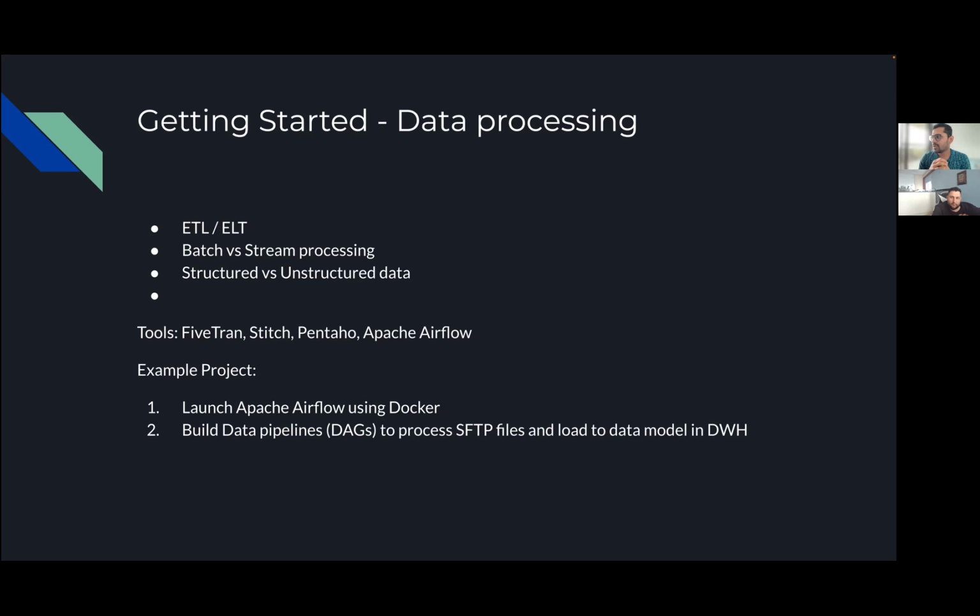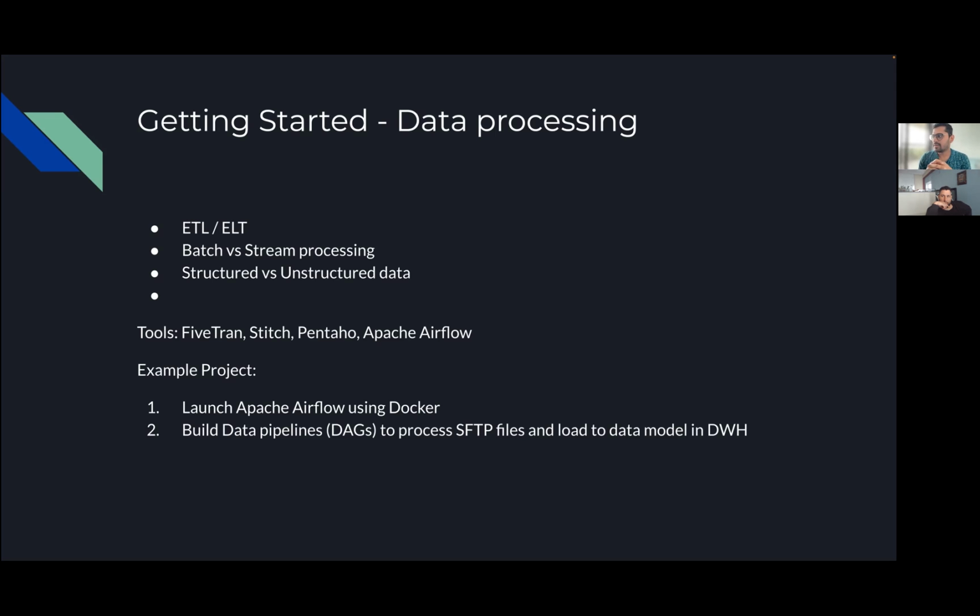And there's also something called batch and stream processing, where as a business, we might have a need to report or build some analytics in real time, or we might have APIs as well, or some data that we are generating all the time.